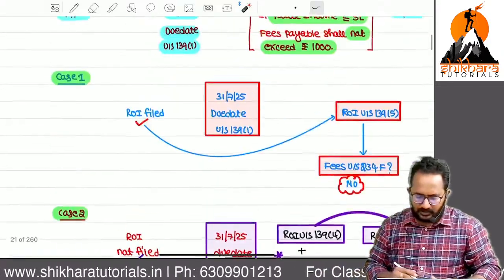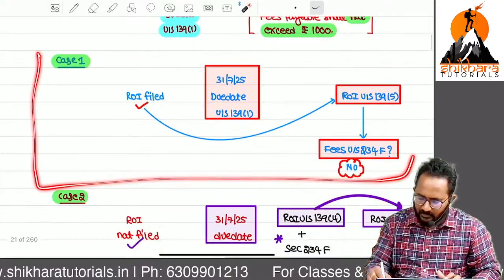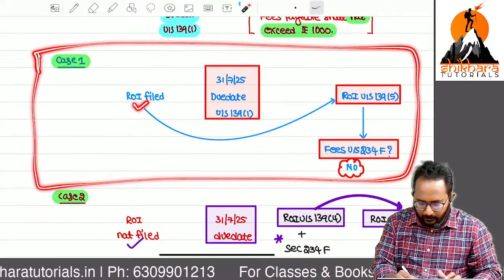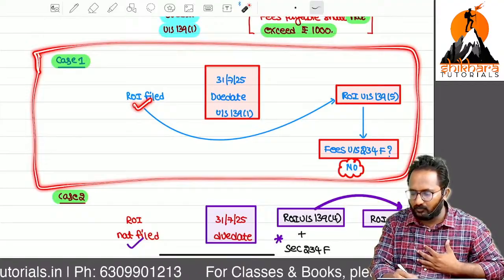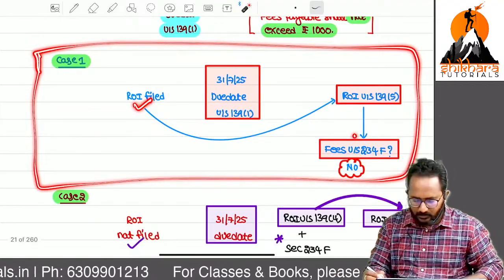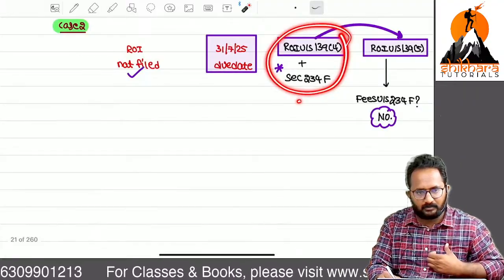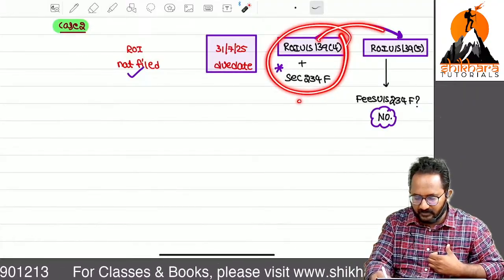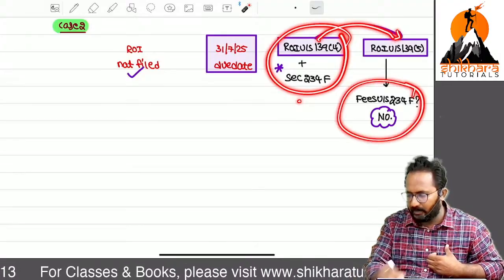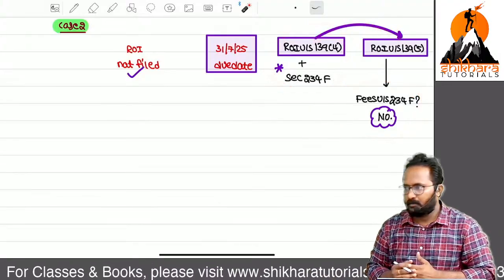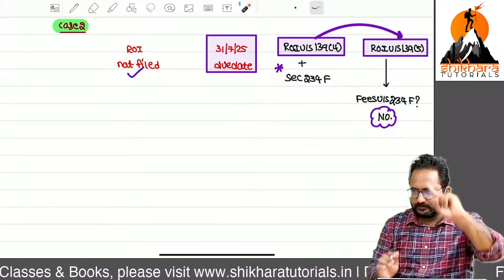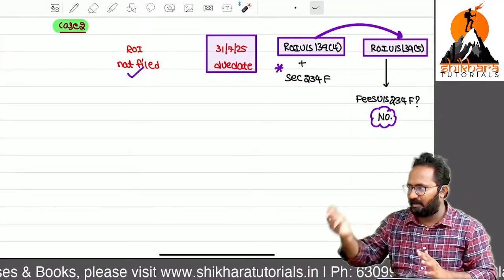Not required because the return was already filed properly; that return only we are now revising. Here we filed the belated return and already paid the fees. Now for revision of that return, there is no need to pay fees again. So one sentence: fees is a one-time liability, not a recurring liability.